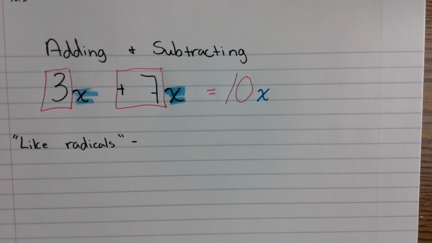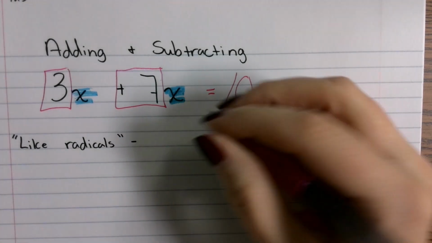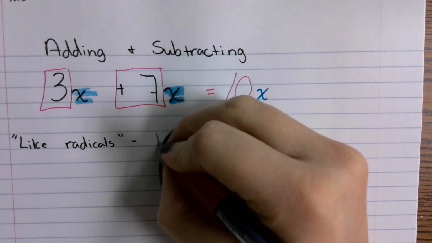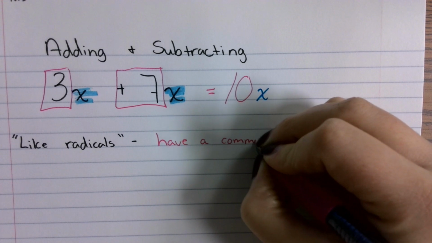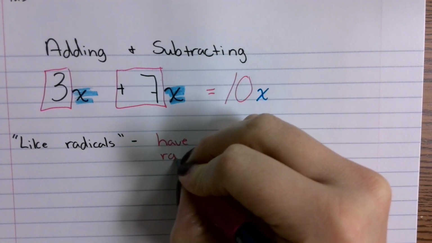Who remembers what I mean when I say a radicand? Where's the radicand located? Inside. It's inside of that square root or that root. So it has to have a common radicand.